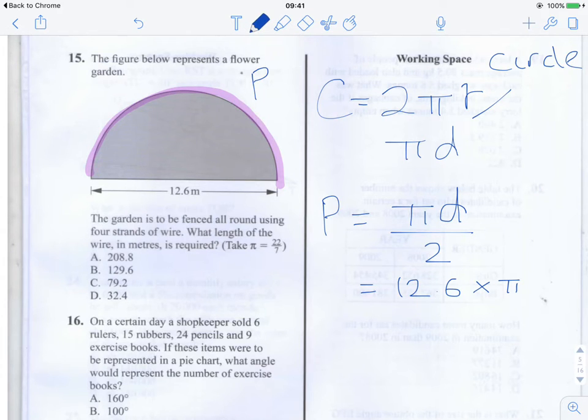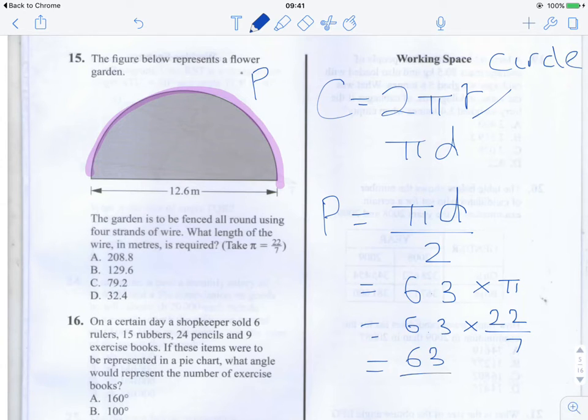Then let's substitute in 22 over 7 for pi, so we get 6.3 times 22 over 7. We can also write 6.3 as 63 over 10. That will be a bit easier.